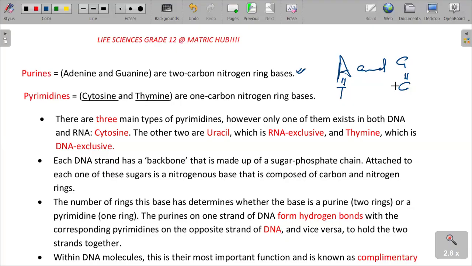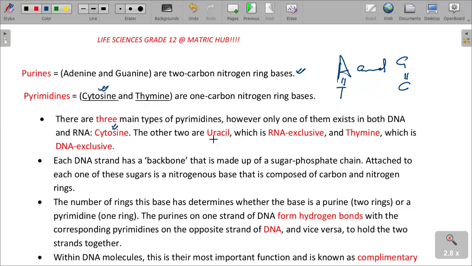There are three main types of pyrimidine bases. However, only one of them exists in both what? In both RNA and DNA. That is the cytosine. Cytosine is an example of the pyrimidine bases, as you can see on the board. The other two are uracil, which is RNA exclusive.